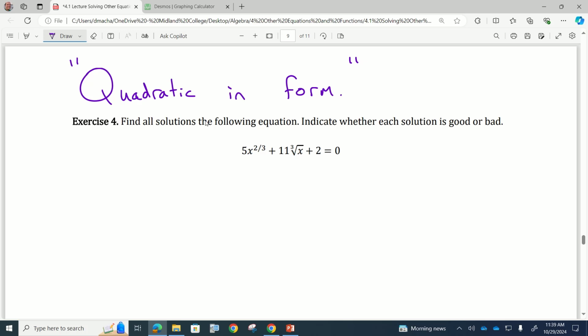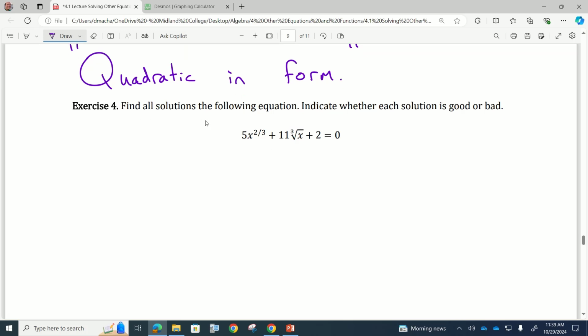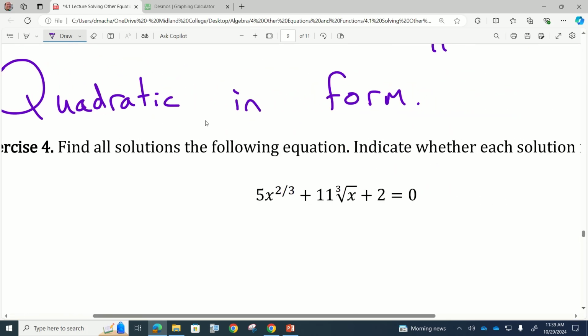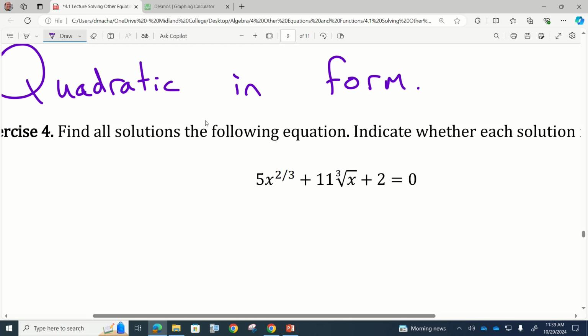So I'll show you what that means. I look at this equation, and the first thing I think to myself is that back in section 1.3, we decided x raised to the 2/3 power was just like the cube root of x raised to the 2 power.